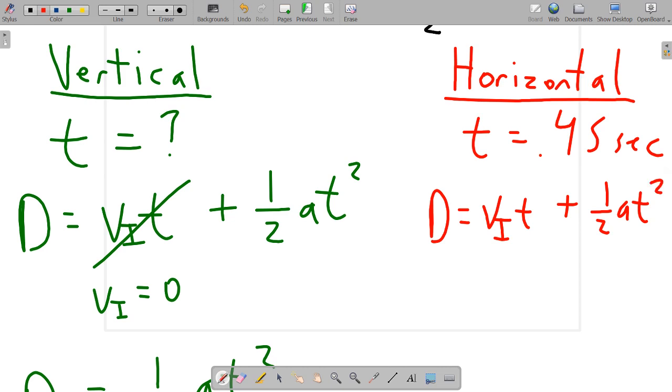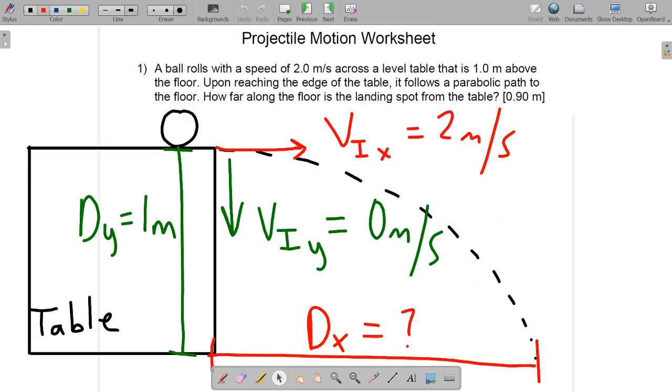Now, guys, let me ask you a question. When filling in what we know, what do you think is the acceleration in the x direction? Well, remember what we said before. When we launch this ball here, gravity only acts in the y direction. So if gravity acts in the y direction, that means that there's no forces acting in the x direction. And again, the assumption is that we are ignoring air resistance.